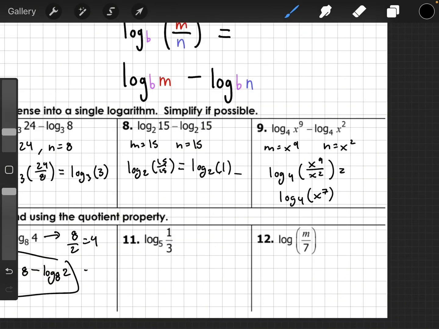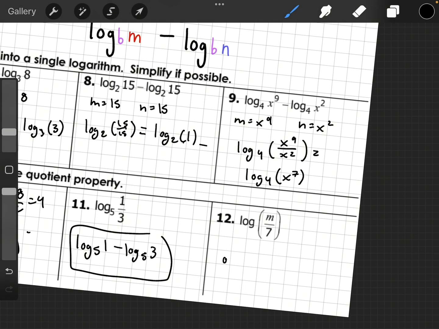Log base 5 of 1/3 is log base 5 of 1 minus log base 5 of 3. We have log base 10 of m minus log base 10 of 7.